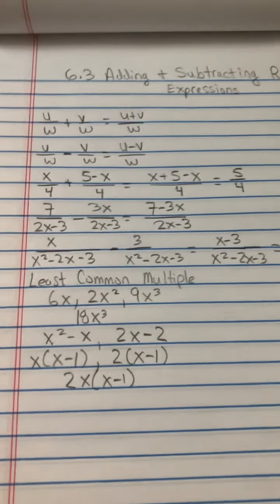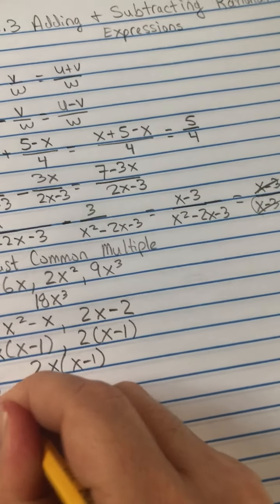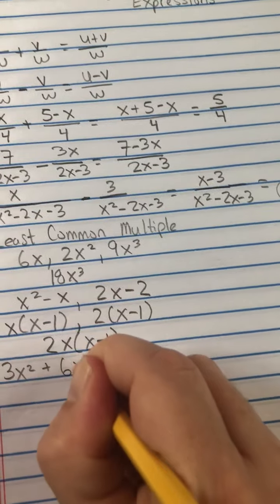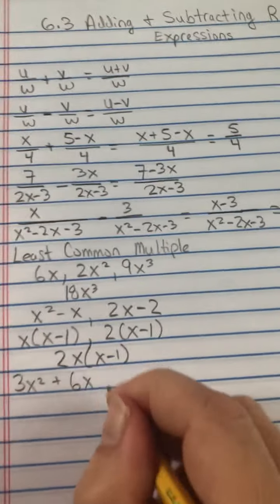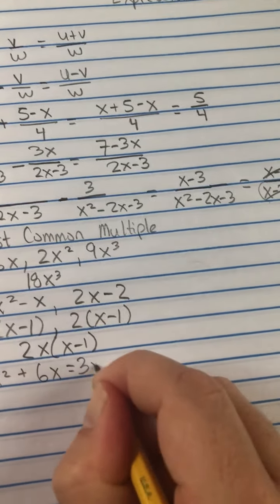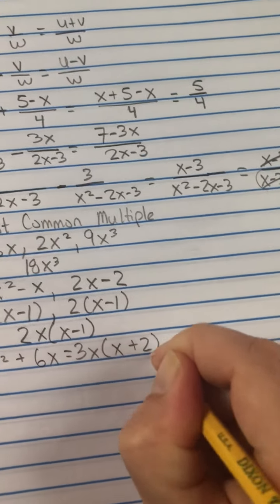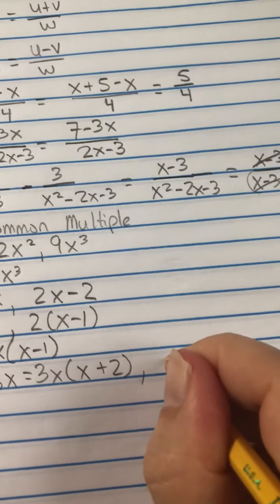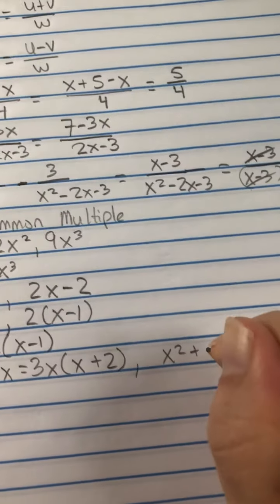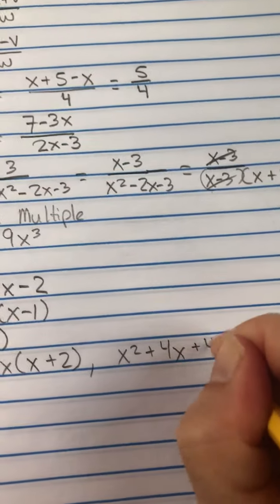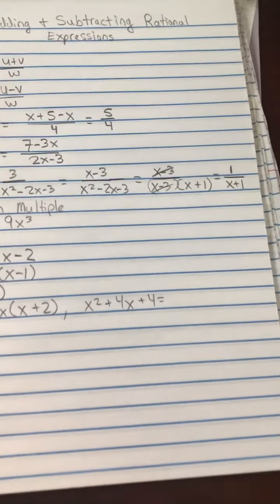Okay? And then the least common multiple of 3x squared plus 6x equals, so they factored that out for you, 3x times (x plus 2), and x squared plus 4x plus 4, and they factored that out for you too, and that's (x plus 2) squared.